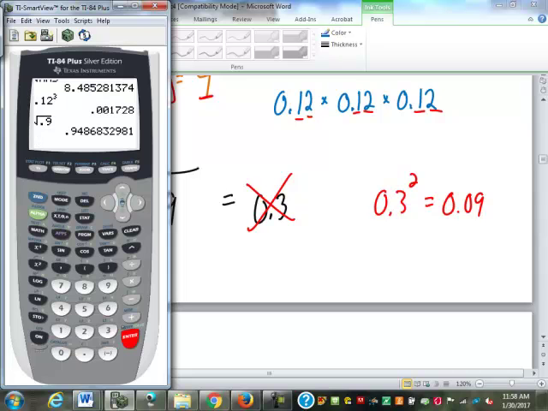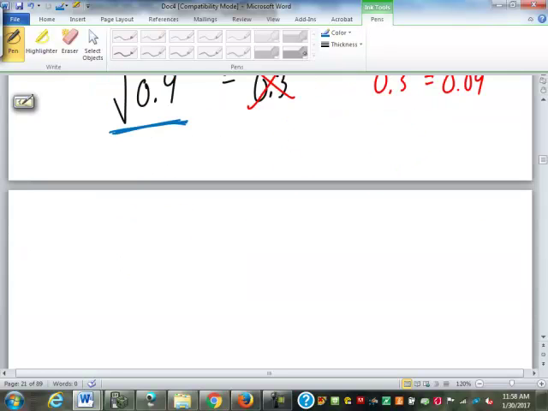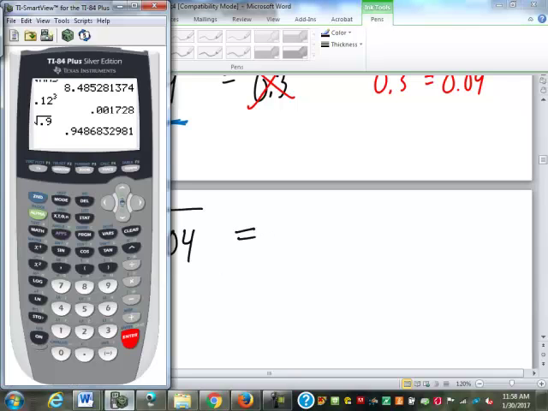There you go, 0.9498. When we take the square root of something smaller than 1, the number should actually get larger. For example, if I take the square root of 0.04, I should get a significantly larger number. Should come out to be 0.2.